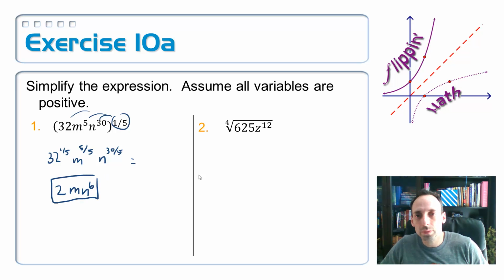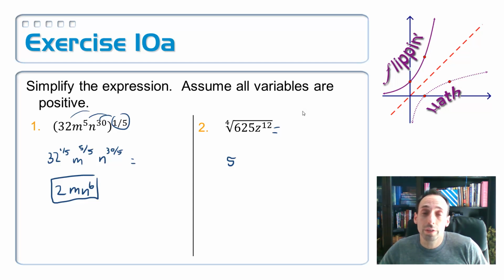Okay. So this will proceed in a similar fashion. So this 625, I've got to take the 4th root of 625. The 4th root of 625 is 5, because 5 squared is 25. 25 times 25 is 625. Now, what about this z thing? Let me just write this over here.